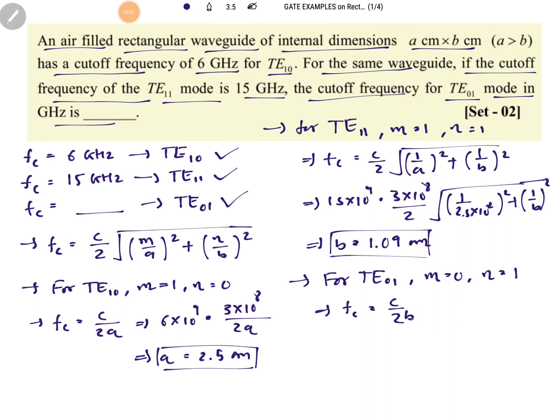So this formula will be c by 2b. With 3 into 10 to the power 8 divided by 2b, where b is 1.09 into 10 to the power minus 2 meter, if you calculate this, you will find fc is 13.7 gigahertz. This is the cutoff frequency for TE01 mode.